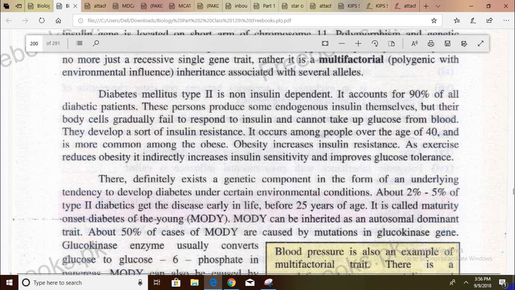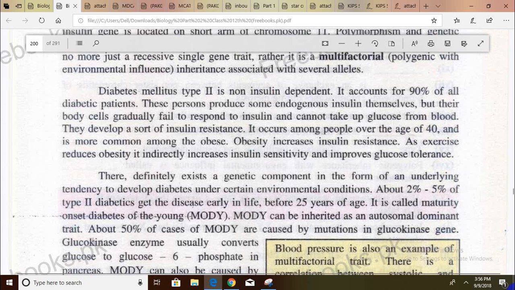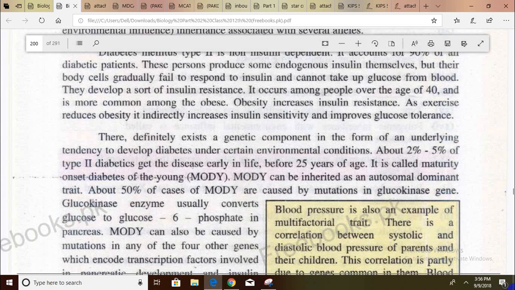So 50% is due to mutation in glucokinase gene. Again, a fairly important statistic. And it usually converts glucose to glucose 6-phosphate in the pancreas, obviously.